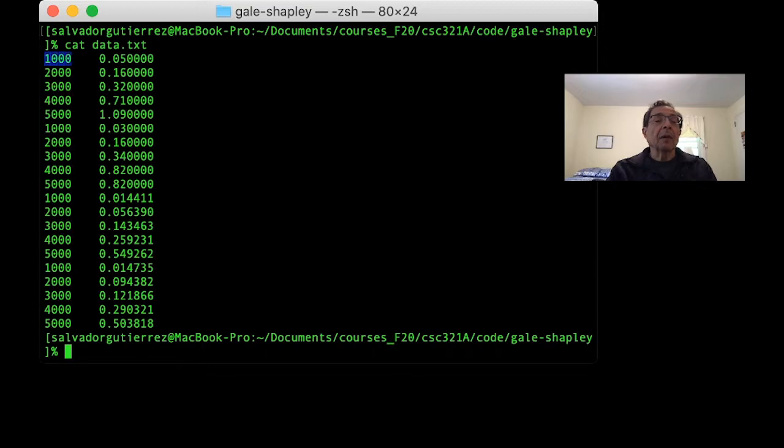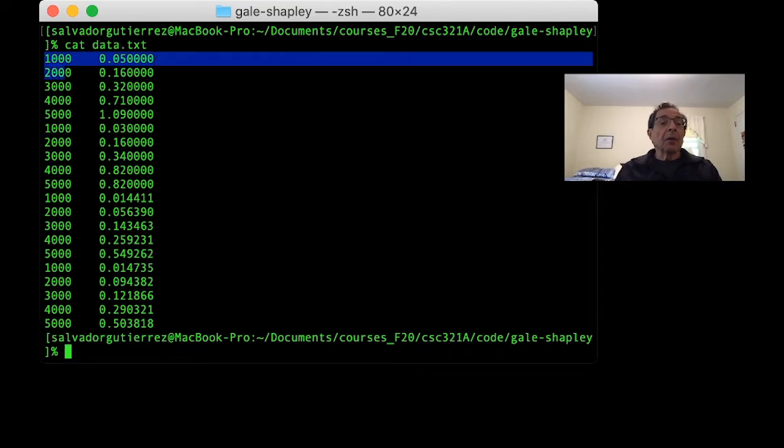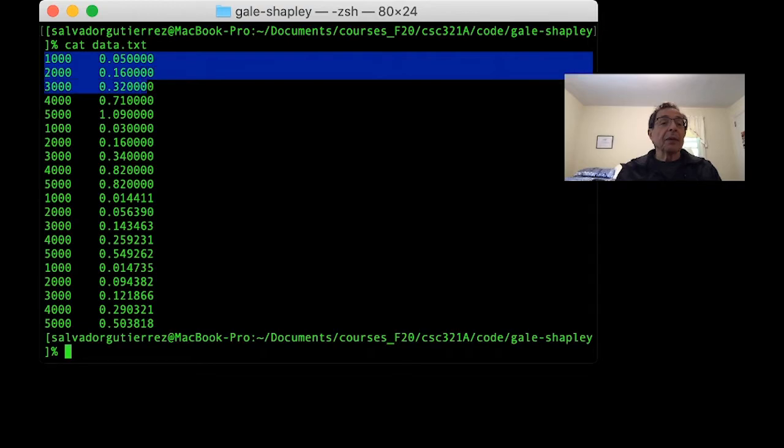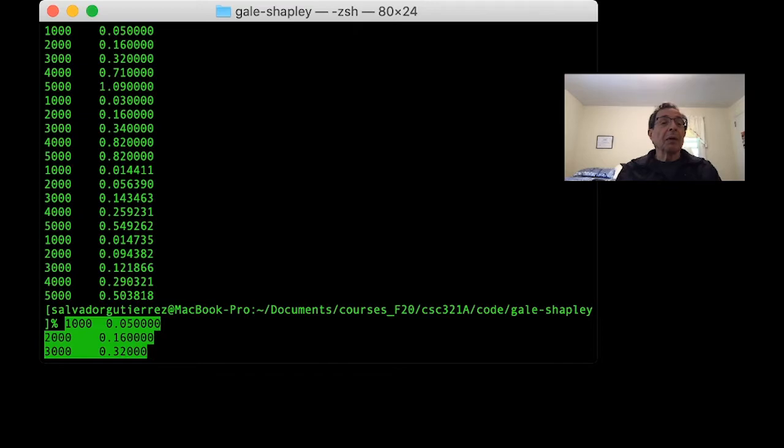For example, we have run the algorithm with size 1,000, and in the first experiment we got 0.05 time units. For 2,000 we got this other time, for 3,000 we get 0.32, and so on.